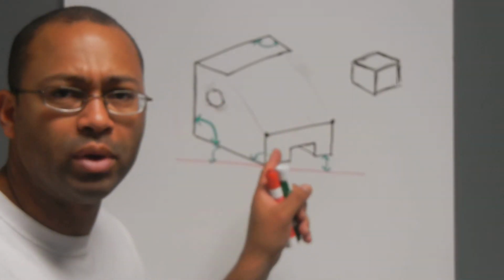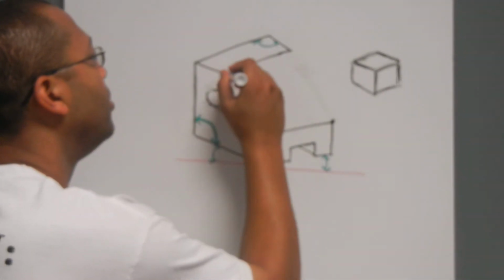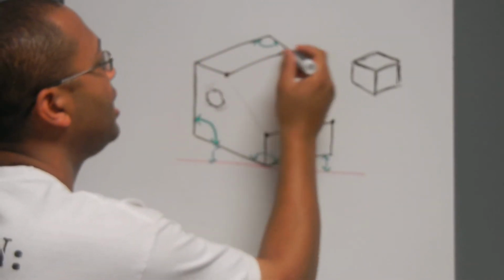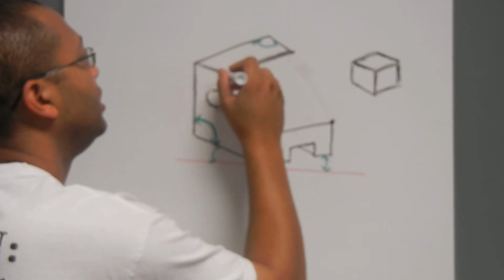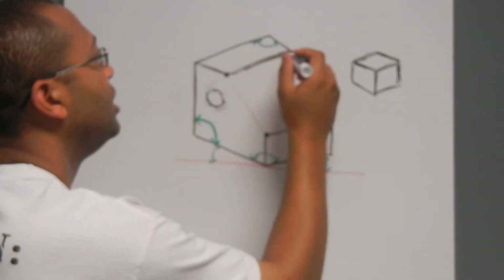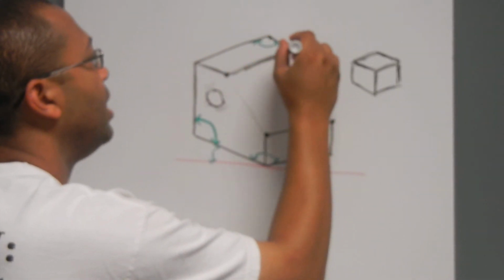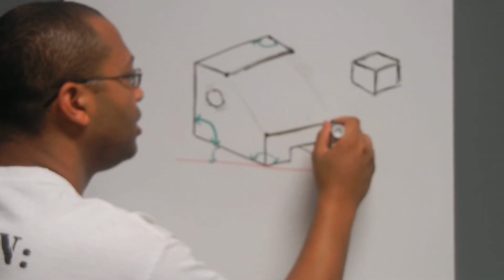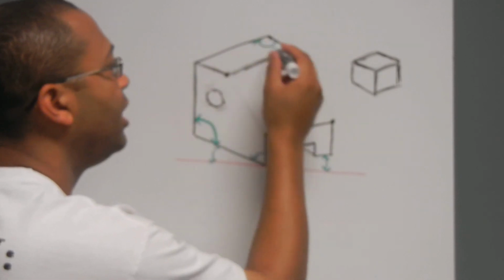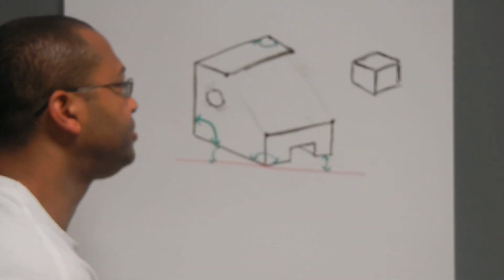Well, you locate their endpoints. So here's one endpoint. I can find that it's made by isometric lines. It's made by isometric lines. And I can locate that one, again, made by an isometric line. Same thing for these two points. All these lines are parallel with the isometric axis.